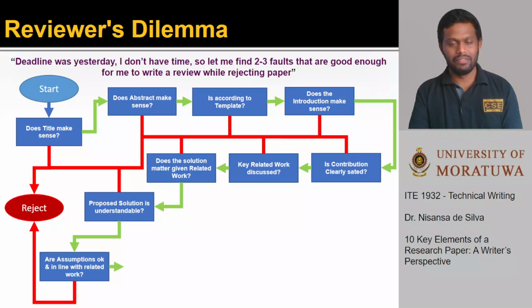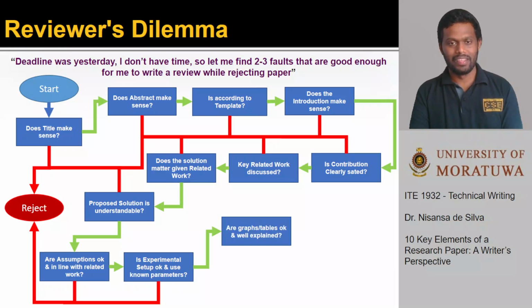If they make sense, we move on to see whether the experimental setup is okay or whether it is using known parameters. If not, reject. Otherwise, read carefully. Do the graphs and tables make sense? Are they well explained? You cannot just plug in graphs and tables.